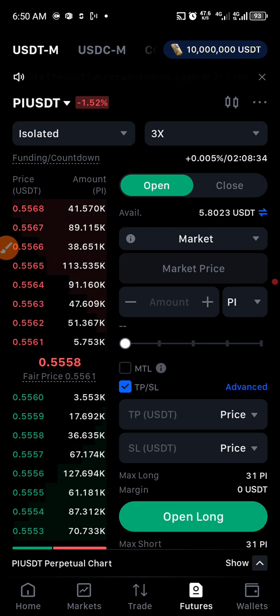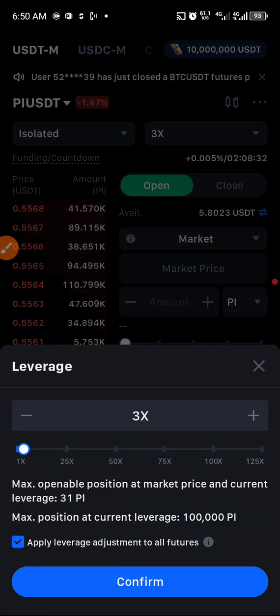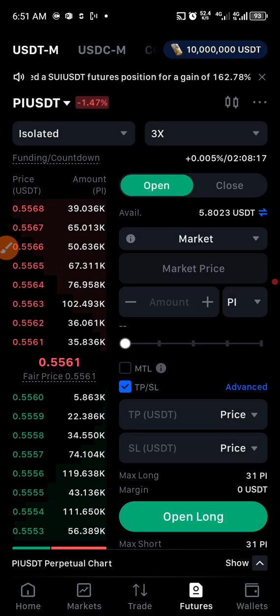This is what I mean. For instance, if you have only 10 USDT, you want to trade with 10 USDT but you want to make higher profit. Leverage is what gives you the opportunity, as if they want to lend you money.